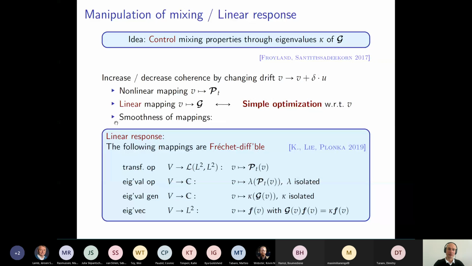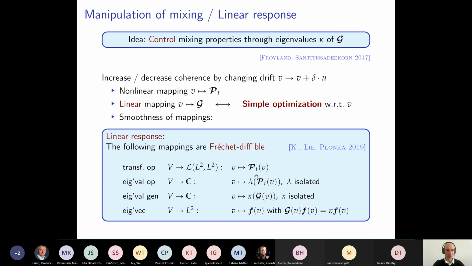But as a first step, we have to establish the smoothness of the mappings, which start at the velocity field and lead to those quantities which we would actually like to control if we would like to do some kind of a gradient descent or some, let's say, first order method, which relies on local sensitivity, or to put it differently, Frechet differentiability.